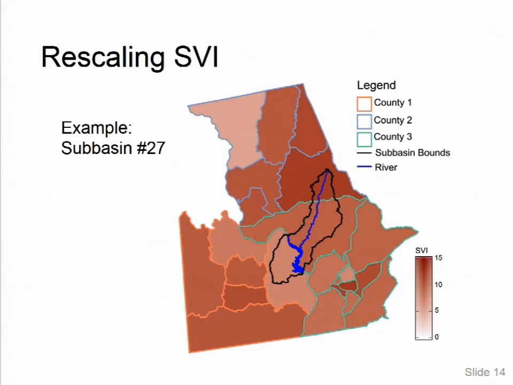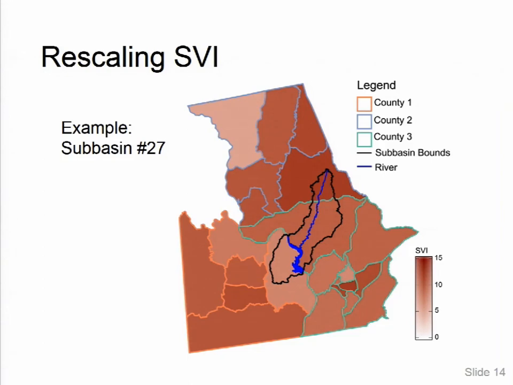So looking at that first step, why might I have to rescale the social vulnerability index data I mentioned? So here's an example subbasin outlined in black. This is at the lower part of the watershed. And you can see that there are three different counties that this subbasin overlaps, and there are three different census tracts that it also overlaps.